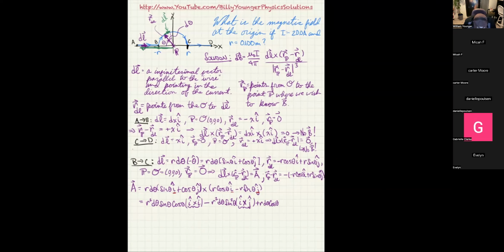So that's the R d theta cosine theta from the left-hand side of the cross product. We're doing the J hat now, and the J hat's going to hit the I hat on the right. So now I've got another R that becomes R squared. I've got another cosine theta, so that becomes cosine squared theta. And then it is J hat cross I hat.